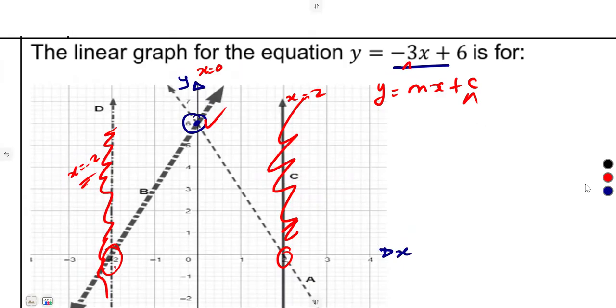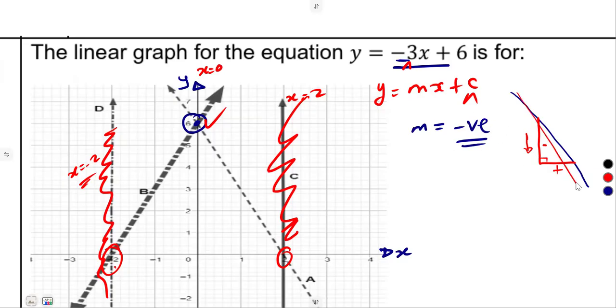The negative gradient, m, for lines with a negative gradient. When m is negative, it means the line is supposed to be like this. Where the change in y over the change in x, the change in y as you go down is negative, and the change in x is positive, so it will give us a negative gradient. So this is the type of line that has a negative gradient.